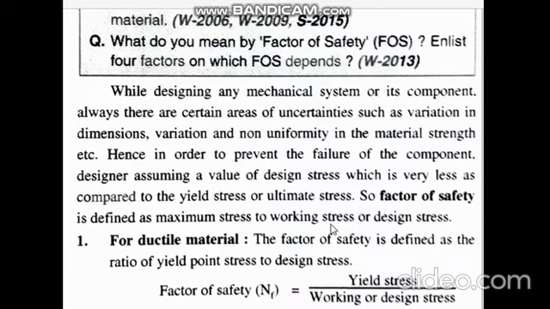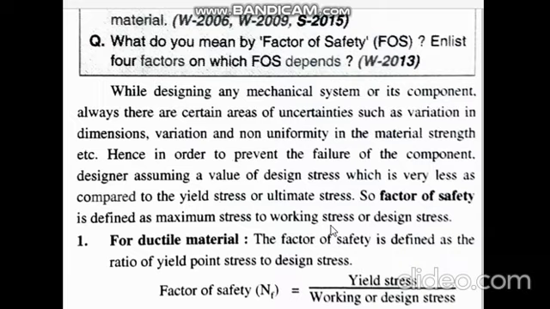If it has less strength, he will design for that, so that if suddenly, due to unforeseen things, some more load comes, or it is used in some severe environment, it will still be able to sustain it.